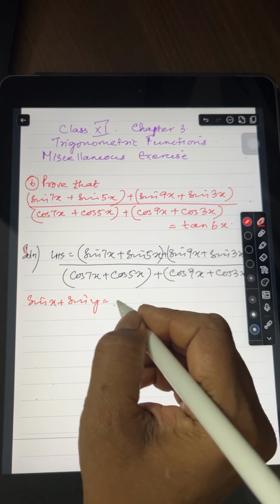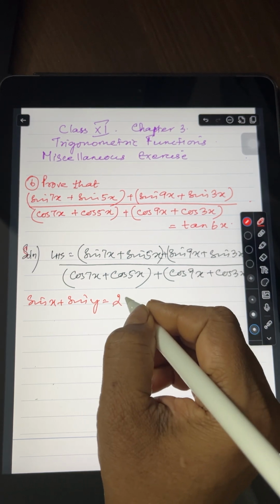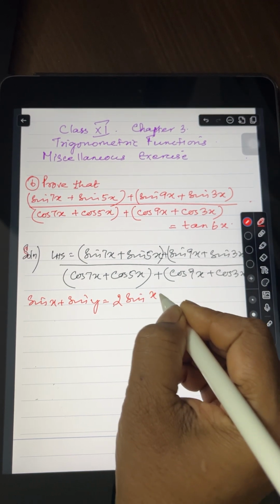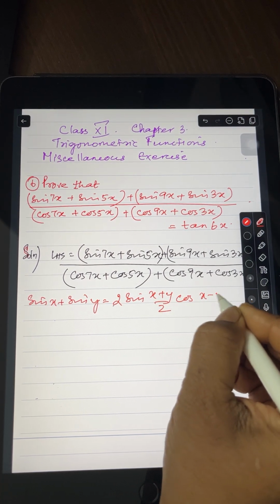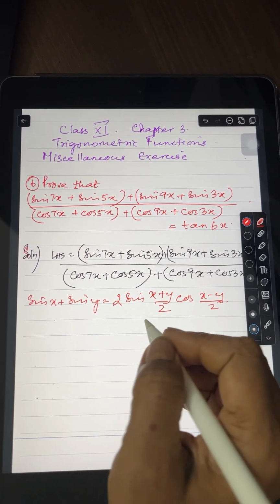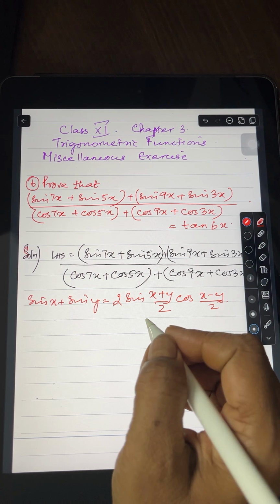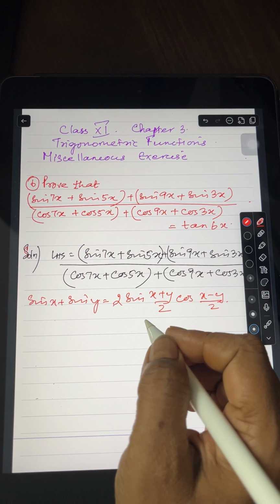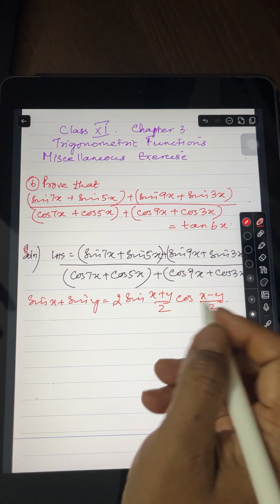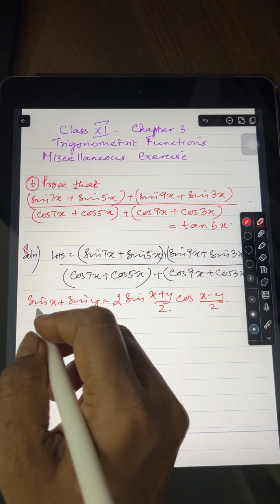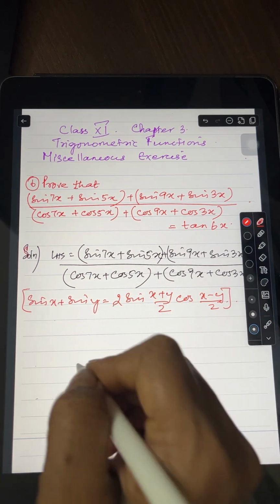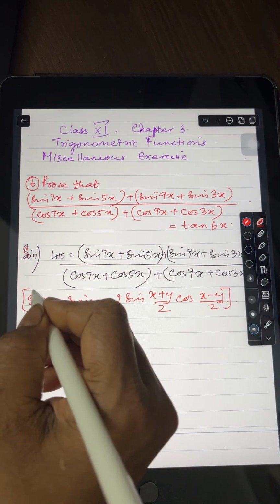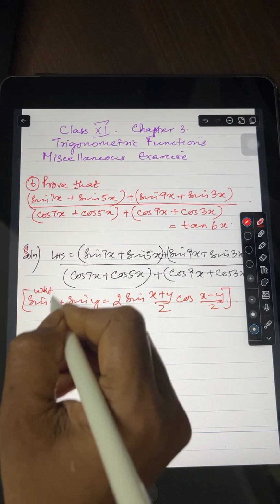It is 2 sine (x plus y by 2) cos (x minus y by 2). Sine of x plus y by 2 and cos of x minus y by 2. You put this in brackets.